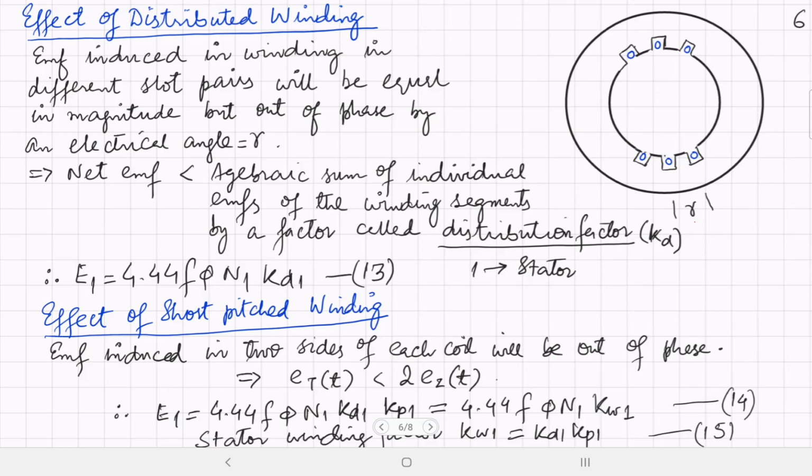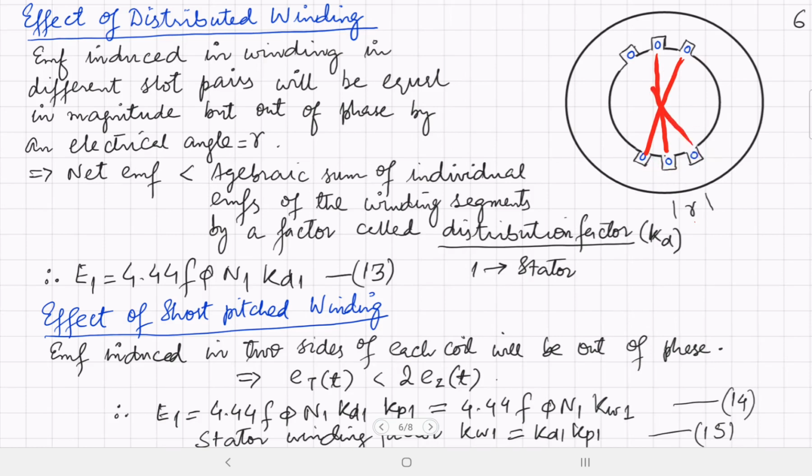Therefore, what will happen is when the phase A winding is distributed in different slot pairs, if we consider a coil which is in this slot pair, there will be an EMF induced in this coil, and it will be equal in magnitude, but displaced in phase from the EMF induced in this coil.